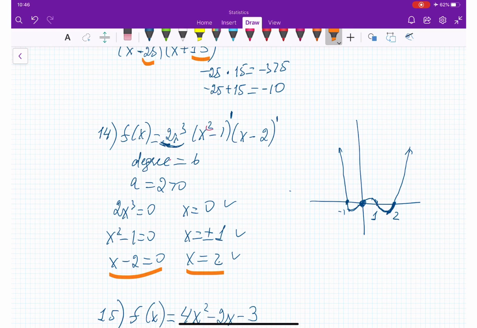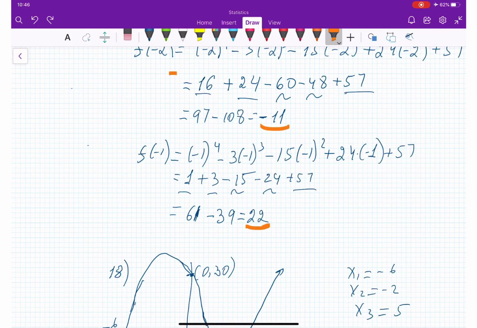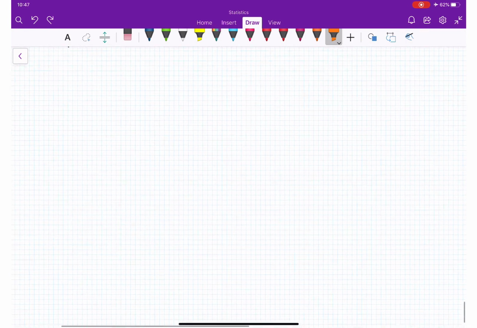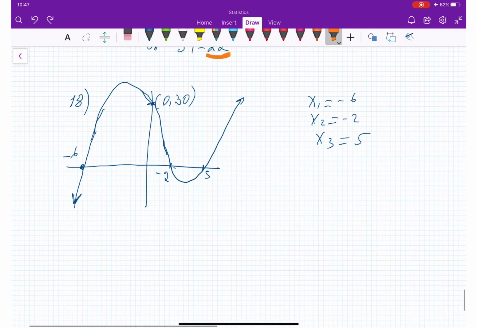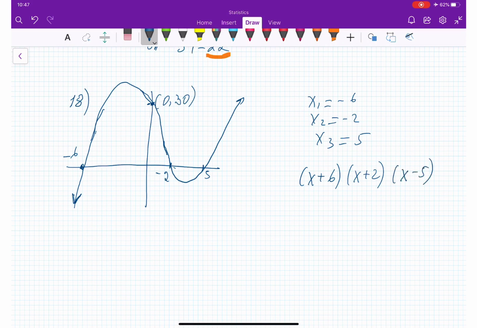If it's negative 2, then it's positive 2. Now we're going to go backwards, which means if x1 is negative 6, then my factor is going to be x plus 6. x2 is negative 2, then I will have x plus 2. x3 is positive 5, then it's going to be x minus 5.